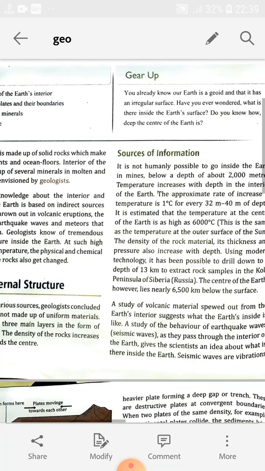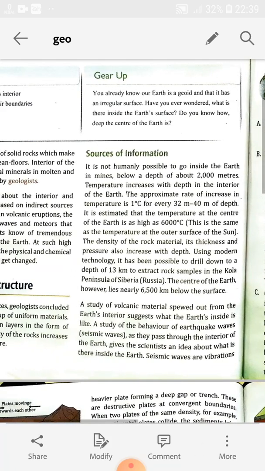Now how did we know about the interior of the earth? A question can come to our mind: we are studying about the interior of the earth, and the geologists are telling us about it, but how did the geologists find out? It is not possible for human beings to go deep inside the earth, because the center of the earth is as hot as 6000 degrees Celsius, which is the temperature of the outer surface of the sun.